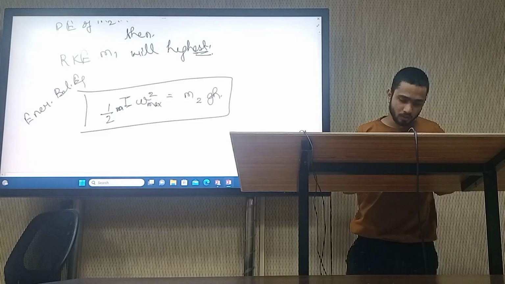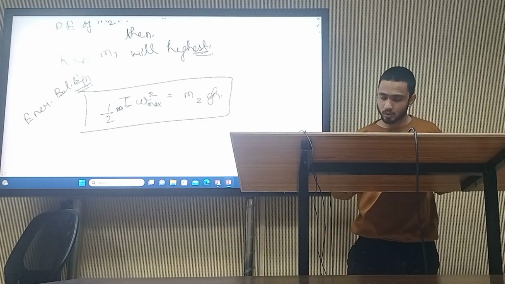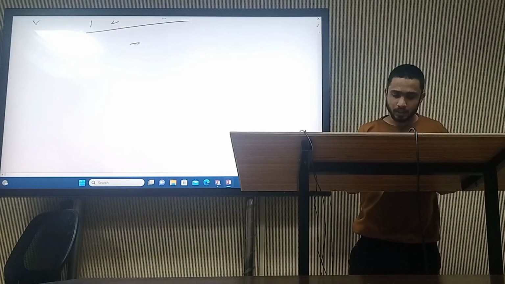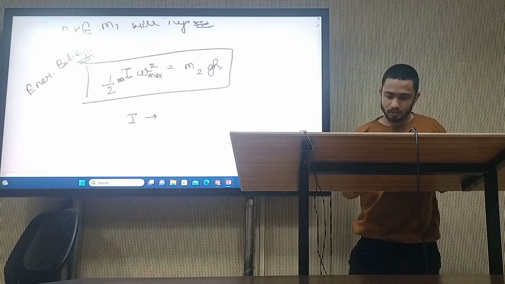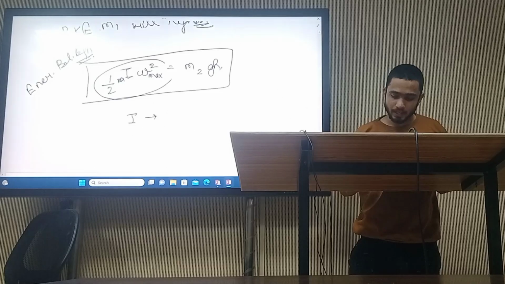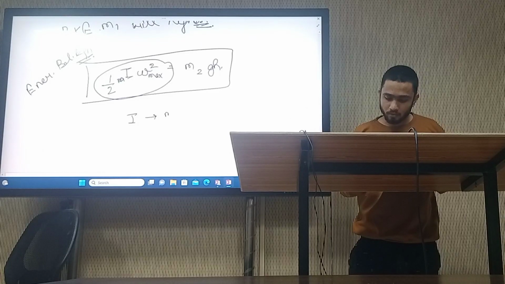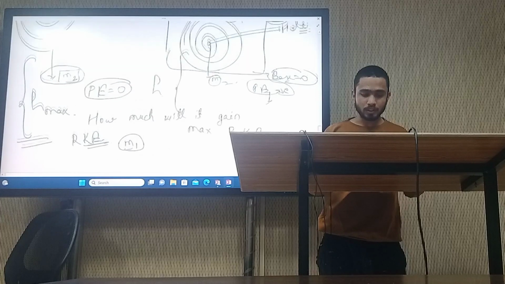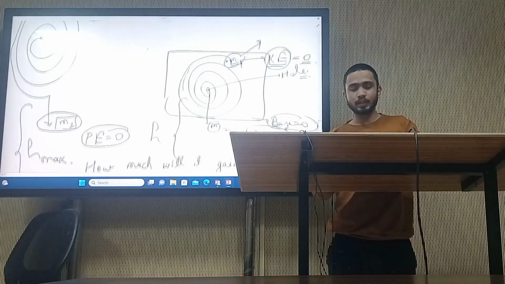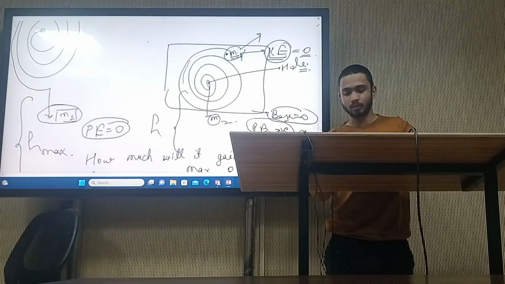The upper one has mass m1 and the lower has mass m2. So this is the energy balance equation, and the kinetic energy is rotational kinetic energy, and the moment of inertia will be m1 into r square.